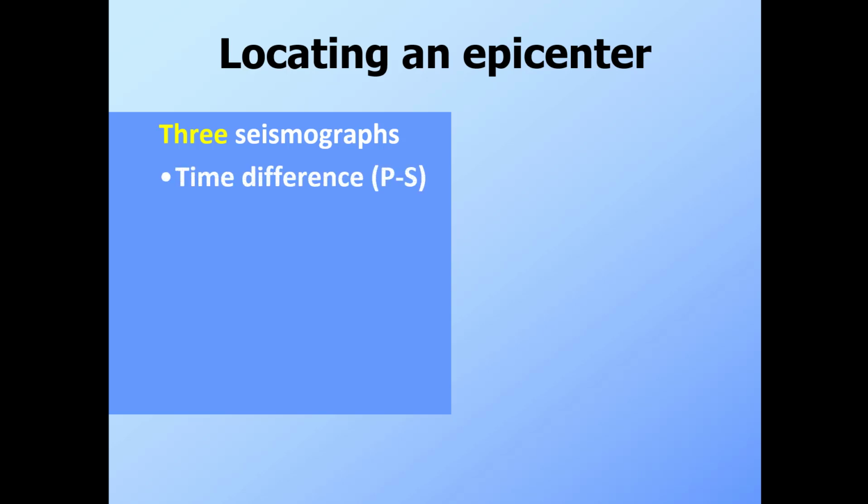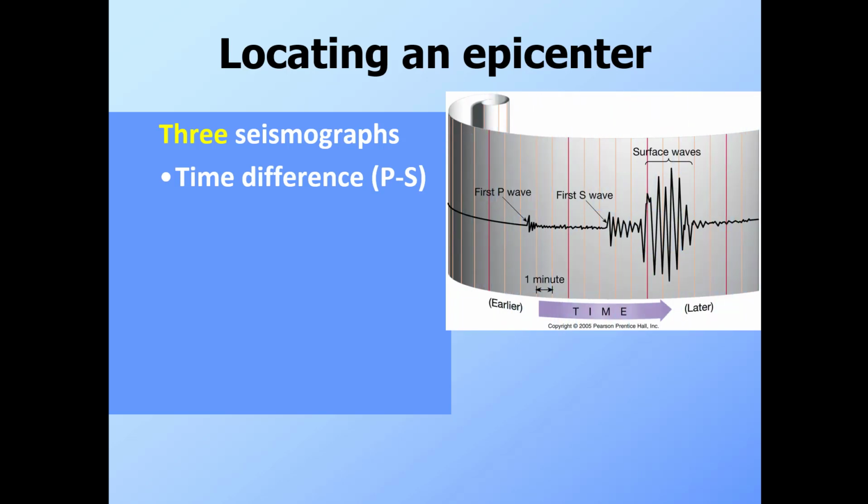Once the earthquakes are recorded, there are different types of waves that are recorded, and scientists will use the time difference in the arrival time of those different waves to figure out how far away from them the earthquake actually occurred. So this is an idealized seismograph that is produced by a seismograph machine, produces a seismogram.